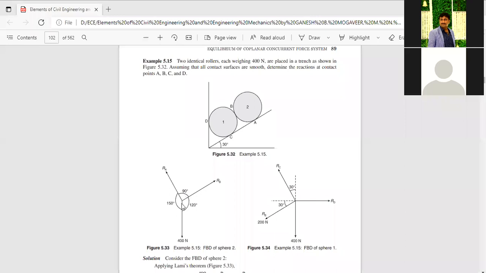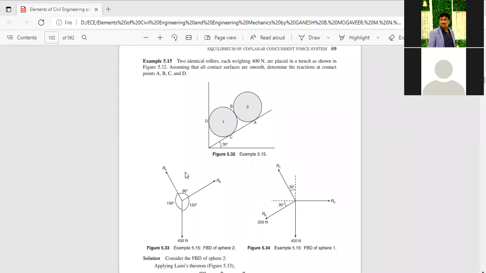So thereby we can find the RB component of this reaction force. Then later on we can deal with sphere 1, because if you write the free body diagram there, you have three unknowns, correct? RD, RC, and RB. So by solving the problem with respect to sphere 2, we can find this RB component. Then hence the next part becomes easy.